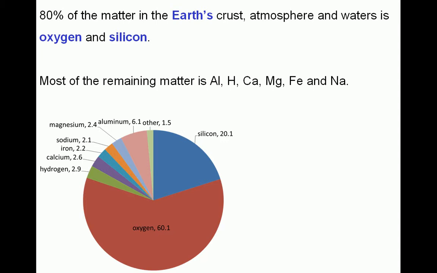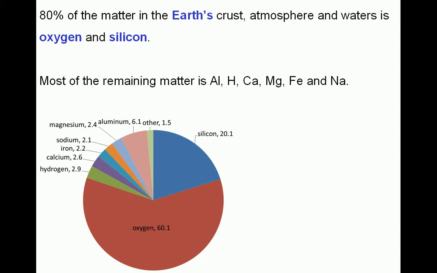Then of the remaining matter, it's divided across 6 other elements, namely aluminum, hydrogen, calcium, magnesium, iron and sodium, with only 1% of other trace elements present.